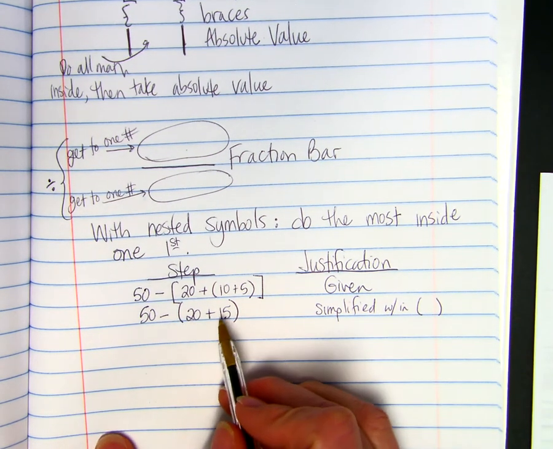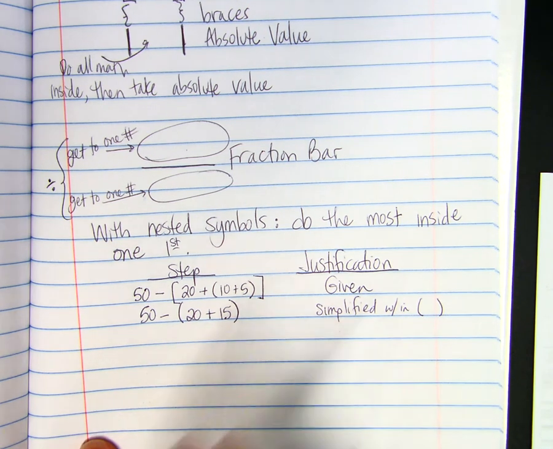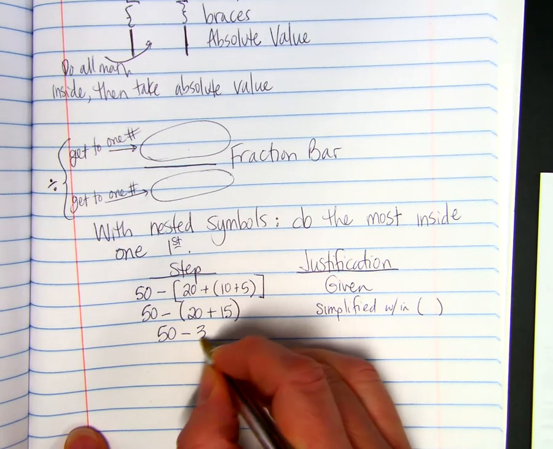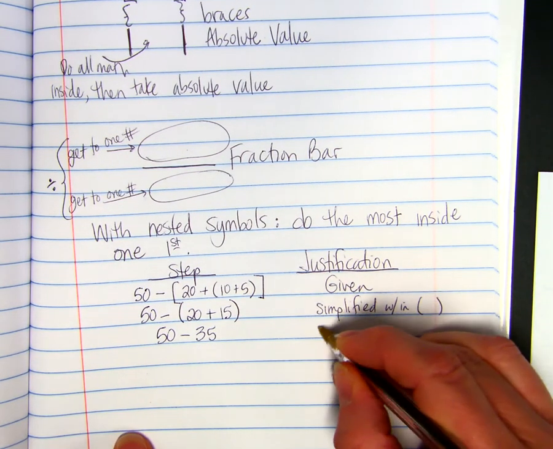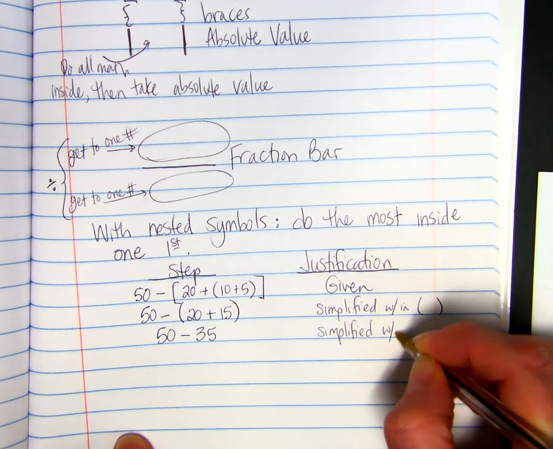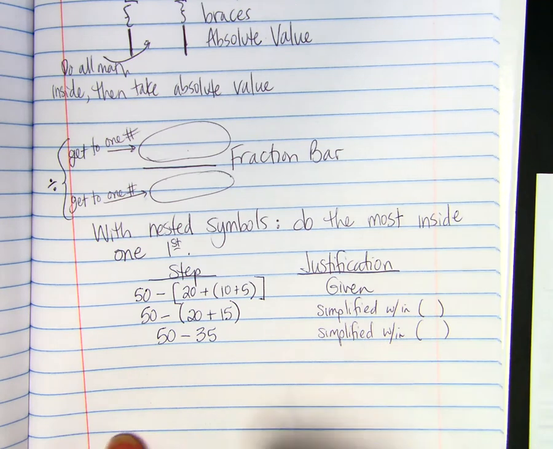Then you simplify these again. 20 plus 15 is 35. Now you don't need the parentheses anymore. And you would use the same reason. Simplified within parentheses.